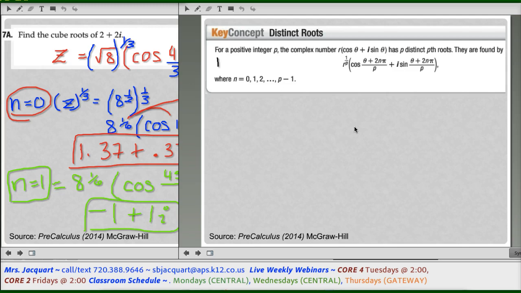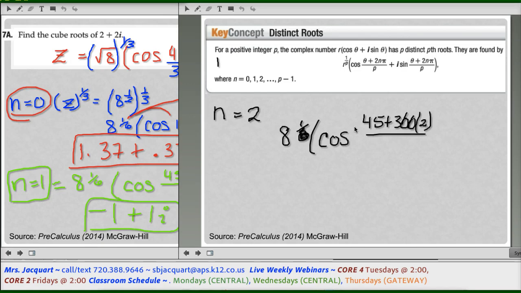For n equals 2, we still have 8 to the 1/6 power, and we're going to do cosine of (45 plus 360 times 2) all over 3.